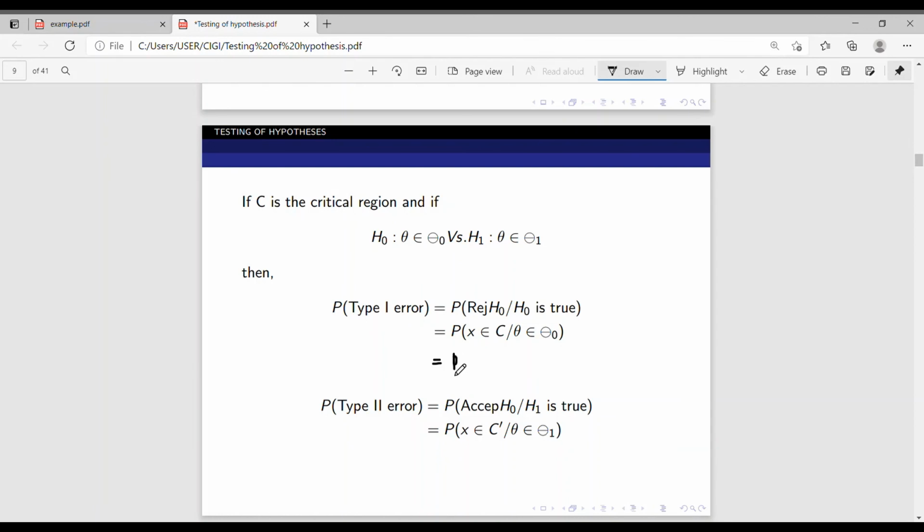Or simply we can write this as probability of x belongs to C when theta belongs to theta naught. This is another representation of the above expression. Similarly, we can find the probability of type 2 error. It is the probability of accepting the null hypothesis when the alternative is true.